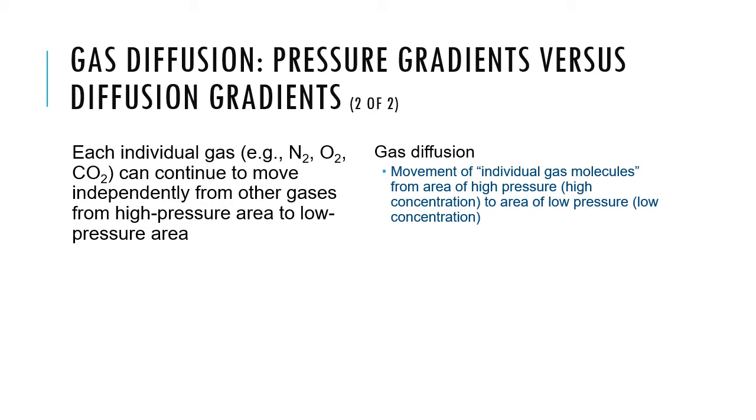Individual gas partial pressure differences are known as diffusion gradients, and kinetic energy is the driving force responsible for diffusion, for those molecules to go from an area of high concentration to an area of low concentration.